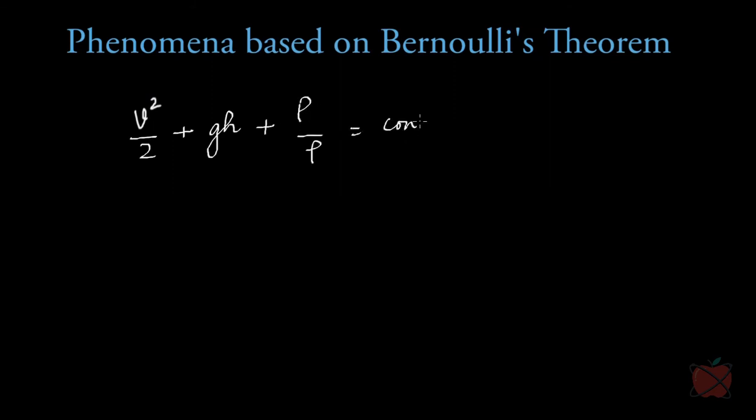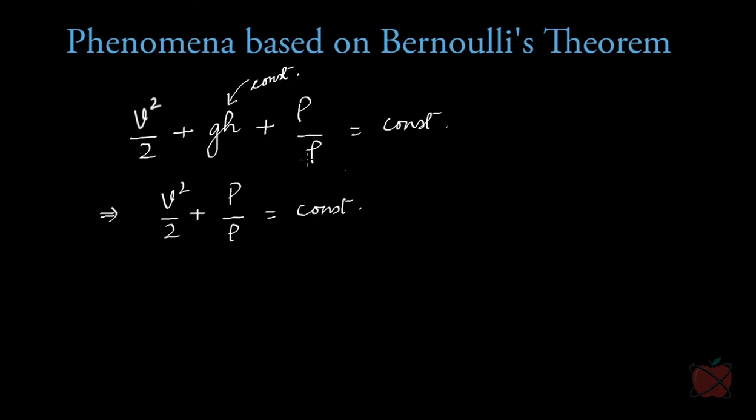This is constant. Now imagine if you have two streams of fluids which are flowing at the same height. So in this case, height will be constant. Got it? So if height is constant, then we have just V square by 2 plus P by rho. This will be constant, because if I take GH to the other side, it will be constant plus or minus constant, which is another constant.